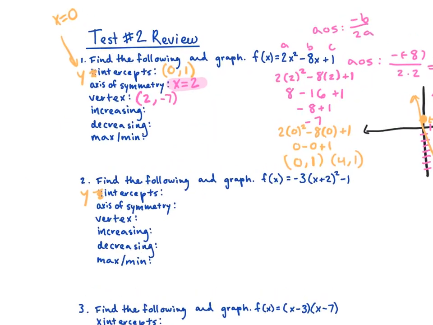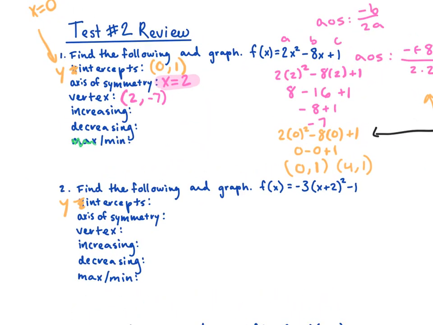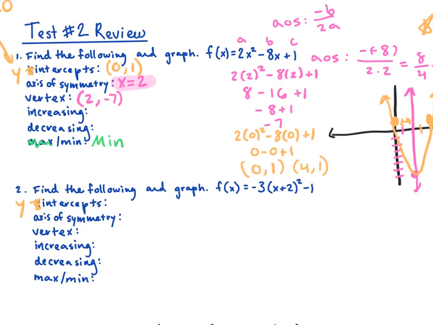It's the minimum. So our minimum value is at what point? Negative 7. Remember, the max or min always comes from that y value in your vertex. So this would be negative 7.